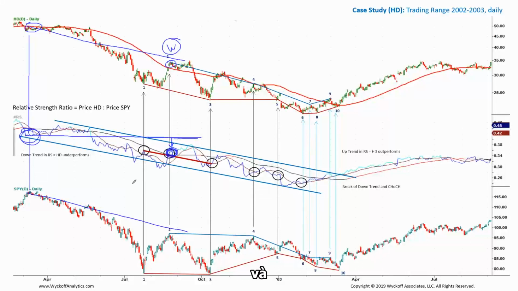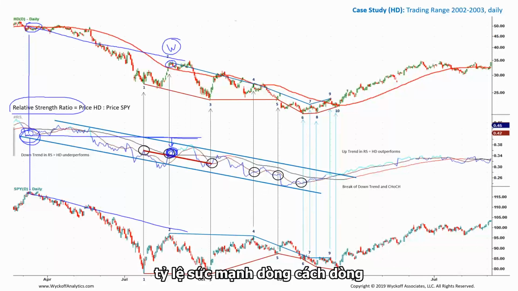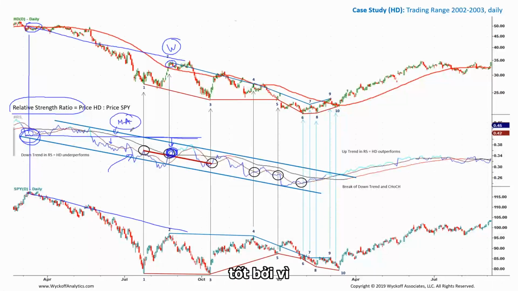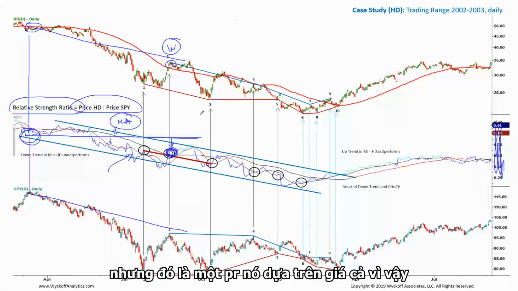We could see this also from the relative strength ratio line, the way the line unfolds. It's this blue line. The two other lines, the brown and black, are moving averages. Why are we using moving averages here? Well, because moving averages are trend following tools, and price divided by price is not necessarily creating the price, but it's based on the price.